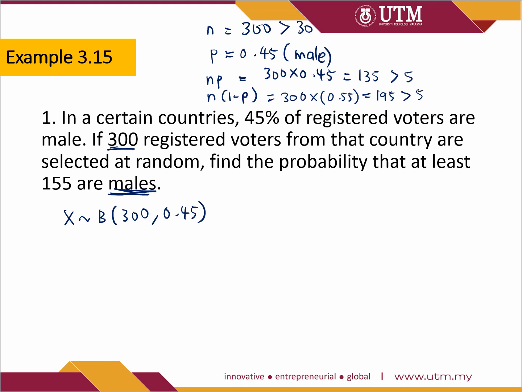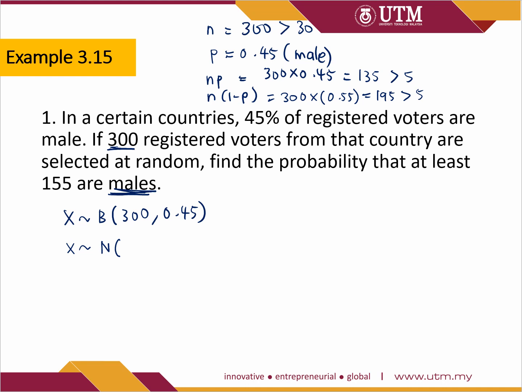So we have to use the normal approximation to solve this problem. Even if you try to solve this using the binomial, it's kind of impossible. It is time consuming, and also the value is not in the table. So now we can use the normal approximation.